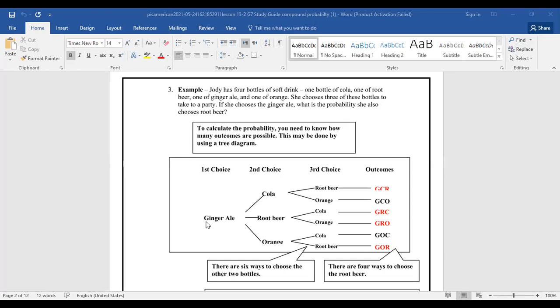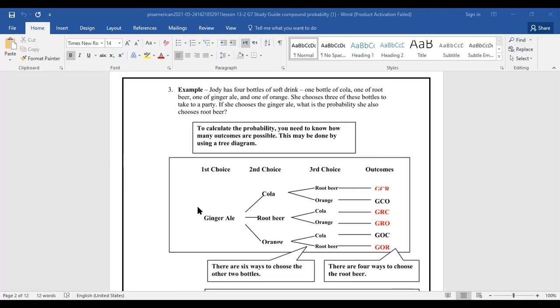Could you please tell me the second outcome of the question in front of you? Ginger, Coca-Cola, and orange. Yes.